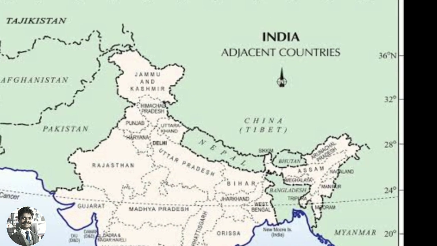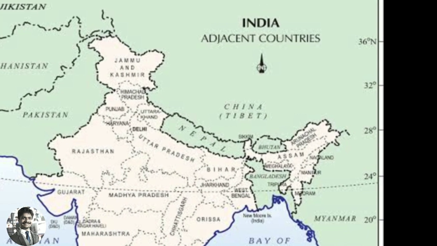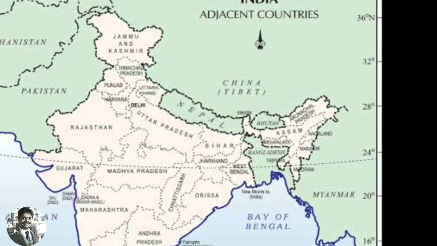Then next, to the north or northeast, there are countries like China, Nepal, and Bhutan. To the east, we have Bangladesh and Myanmar. Bangladesh and Myanmar are the eastern countries that are neighbors to India.